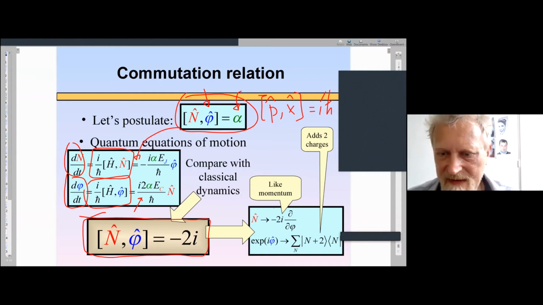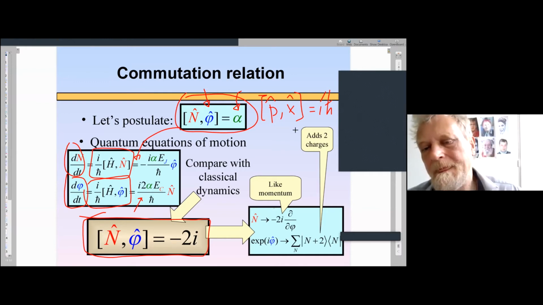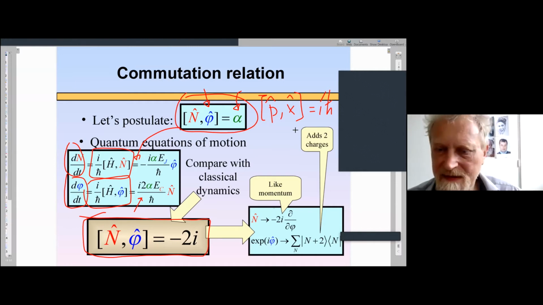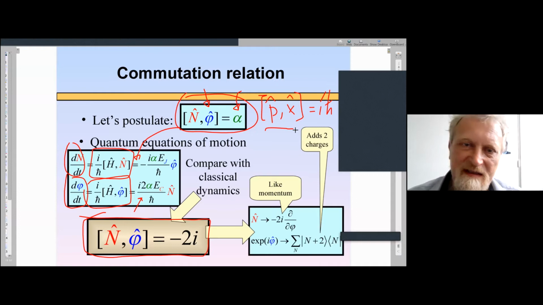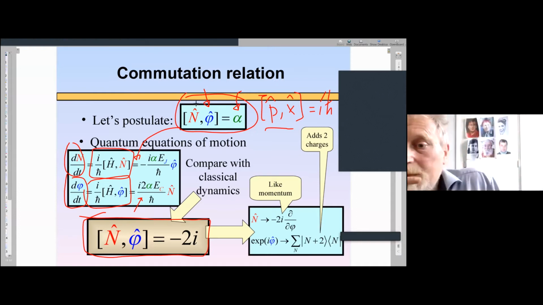Well, I'm done with quantization. Let me try to use this relation to get some intuition, presenting these operators as something familiar from an elementary quantum mechanics course. Look, this might seem like momentum.